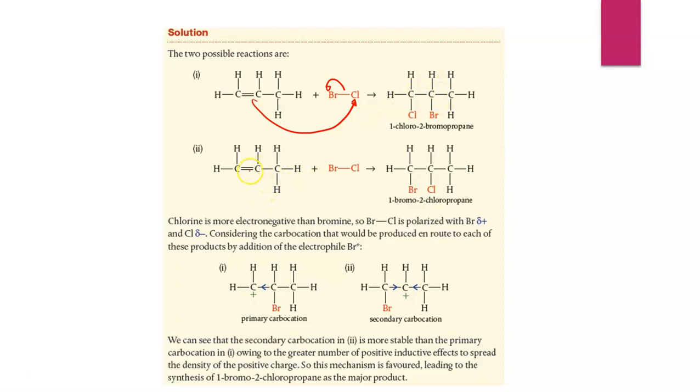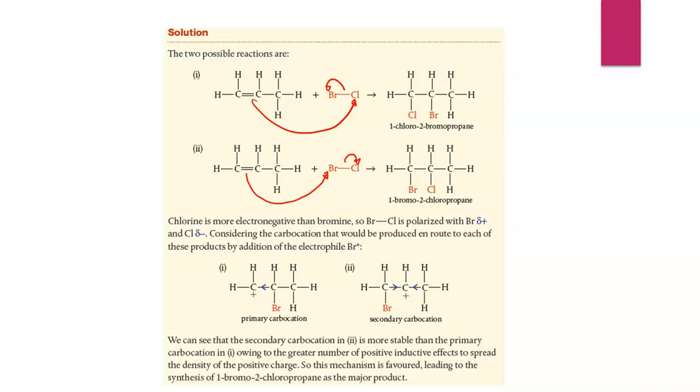Or we can have the attack coming from the double bond to the bromine, pushing out the chloride ion, and then the chloride attacking at the carbocation. We need to decide which one of these would be more likely, remembering that the more electropositive atom attaches to the least substituted carbon, which would be carbon 1.